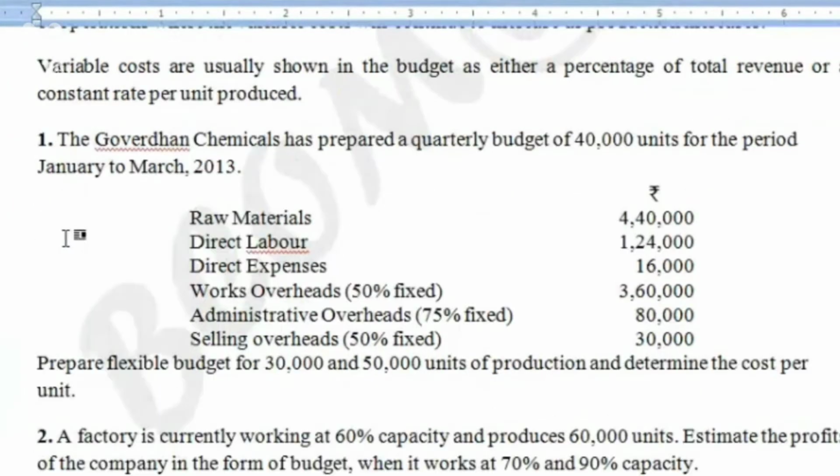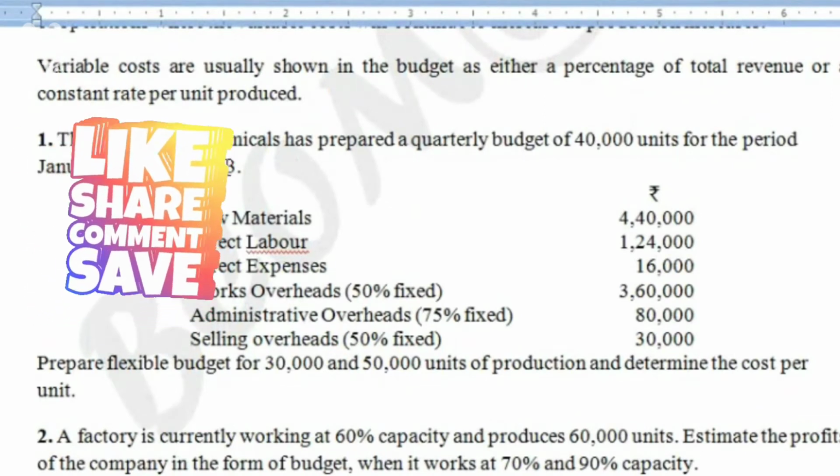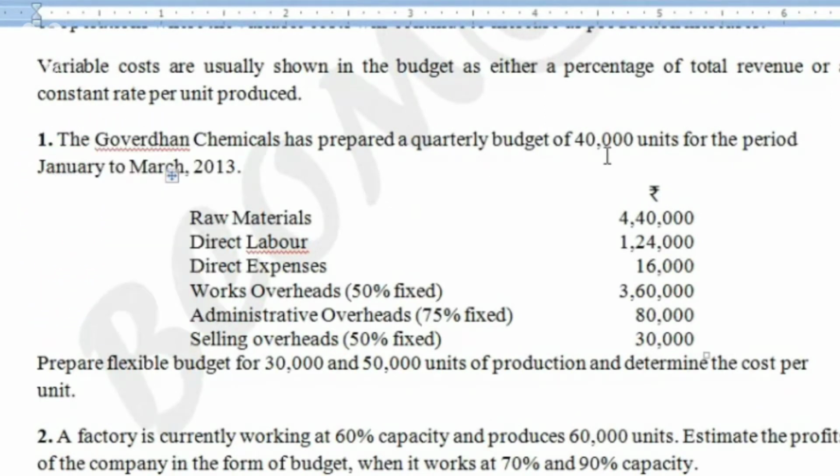So here is the example, question number 1. You can read, right? What the question says: Govardhan Chemicals has prepared a quarterly budget of 40,000 units for the period of January to March 2030. Raw material, direct labor, direct expenses, works overhead 50% fixed, administration overhead 75% fixed, selling overhead is given, and prepare the flexible budget for 30,000 and 50,000 units.